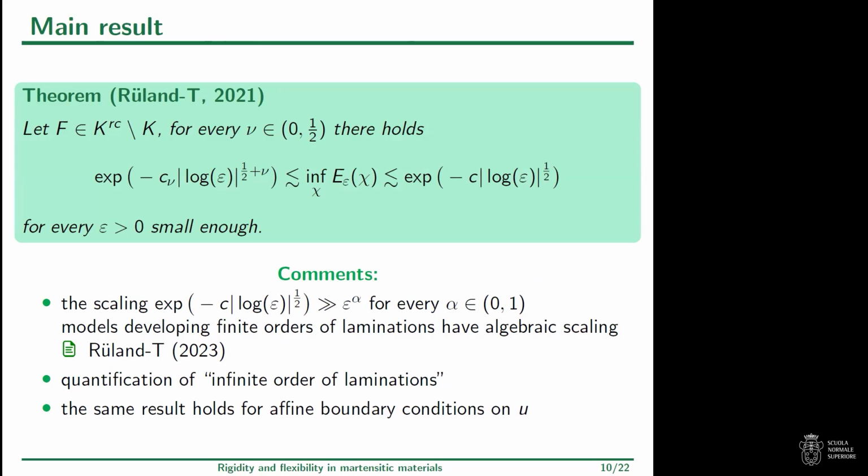I noticed that this is not a super clean matching of upper and lower bound, because we don't have the power 1 half cleanly, but in spirit we consider it matching. It's not, but okay.